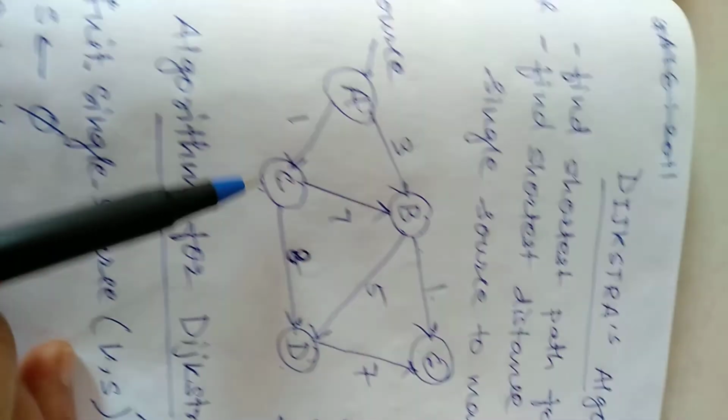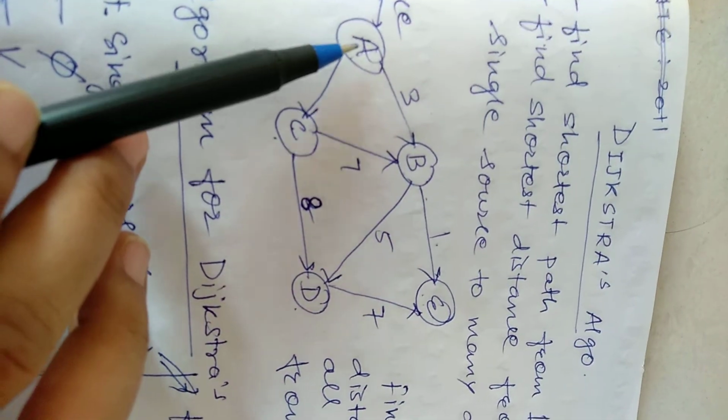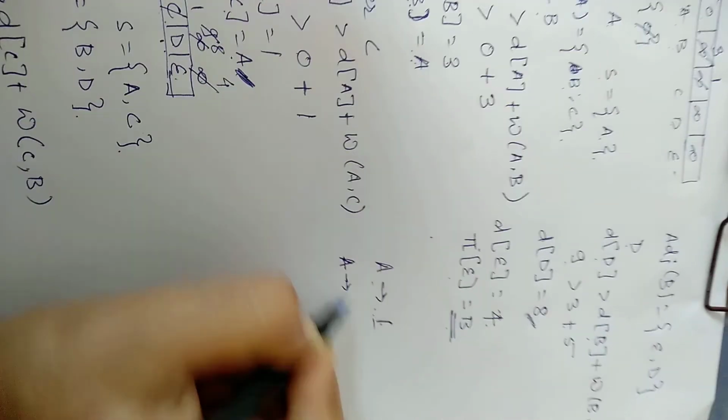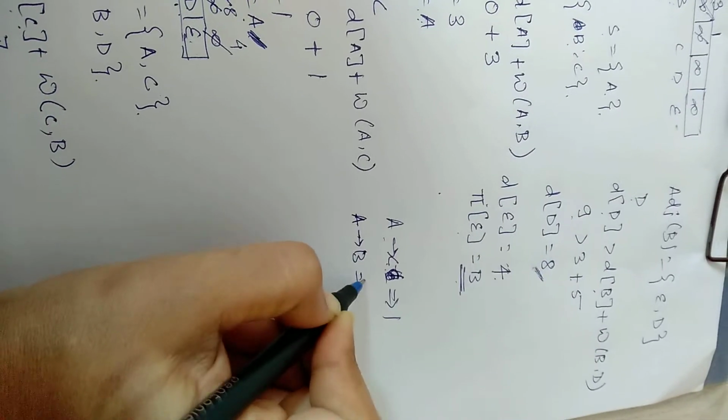So we'll get the shortest distance as A to C is 1, A to B is 3, minimum distance. So we'll write down A to C is 1, A to B is 3.